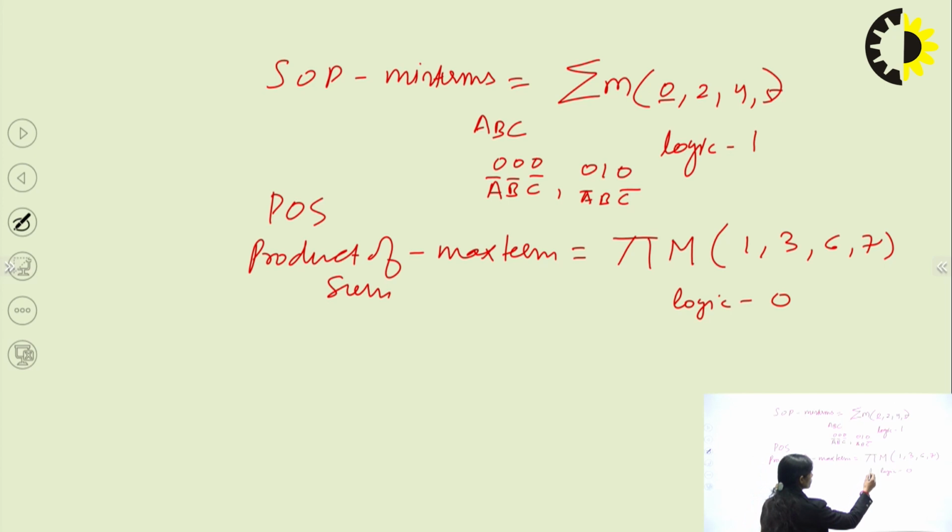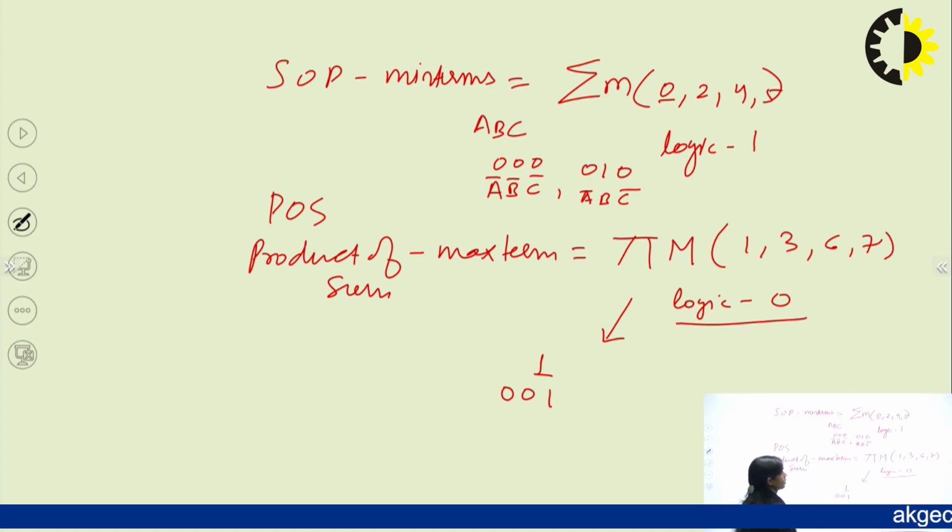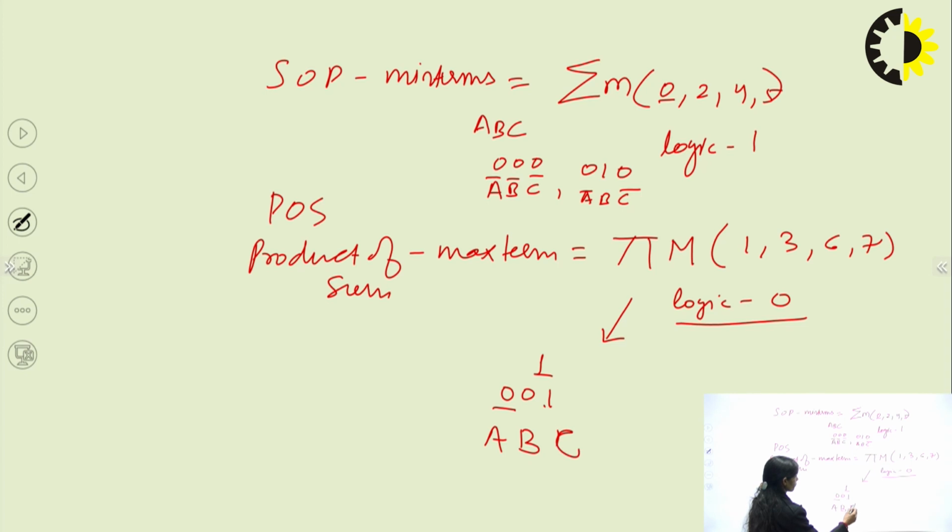If we want to represent in terms of product of sum, and we want to represent 1, that means we have 0, 0, 1. Because here it corresponds to logic 0, we write 0 as A, 0 as B and 1 as C bar, and this is represented in the form of a sum.